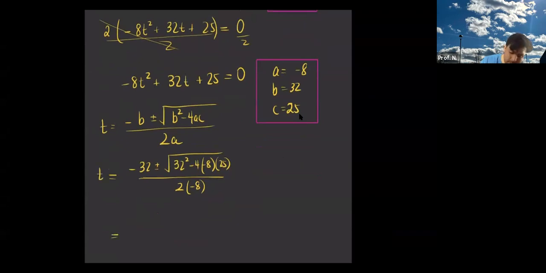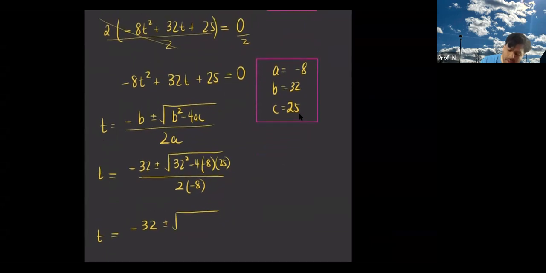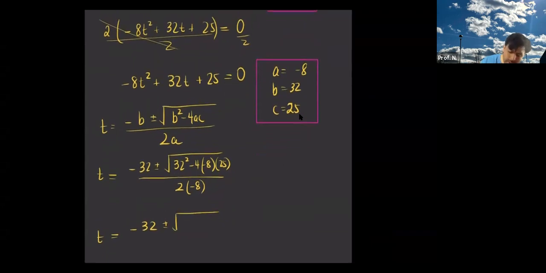Whatever's inside the square root, 32 squared minus 4 times negative 8 times 25, I got 1824. So this is 1824 divided by negative 16.